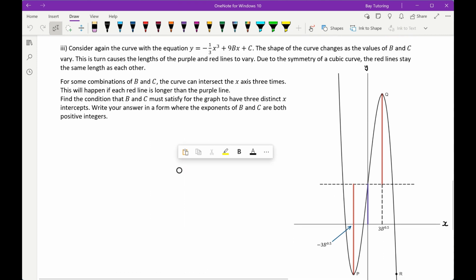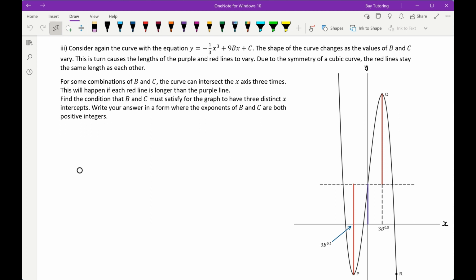So we can see, if we look at that diagram on the right hand side, the red lines are going from the turning point up to that dotted horizontal black line, which is in line with the y-intercept. And the purple line is going from the y-intercept down to the x-axis.